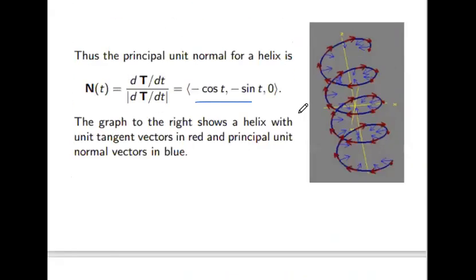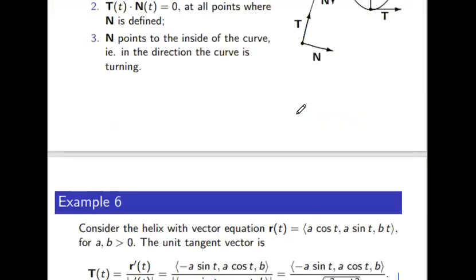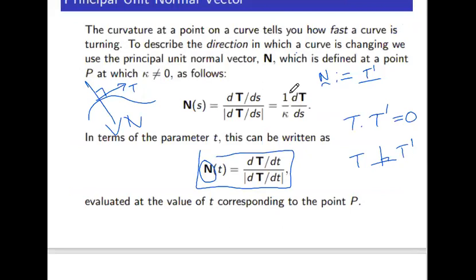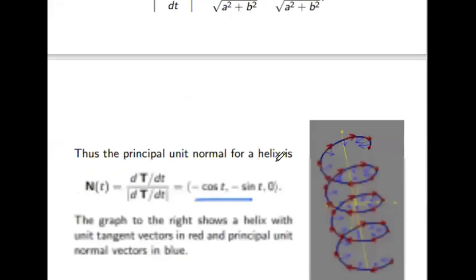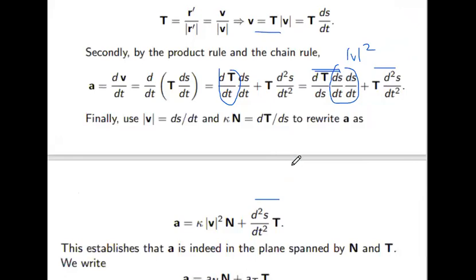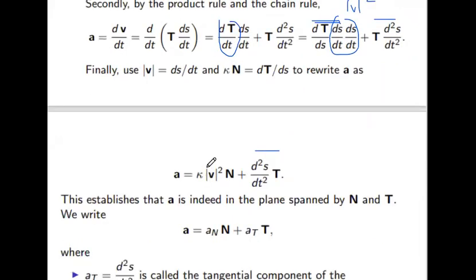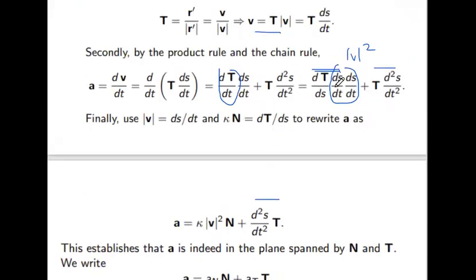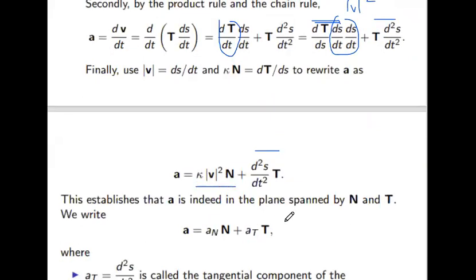Let me check dt by ds. So what is the definition of n? dt by ds is equal to the normal vector times curvature. I substitute that: normal vector times curvature, v squared. Yeah, so this makes sense.